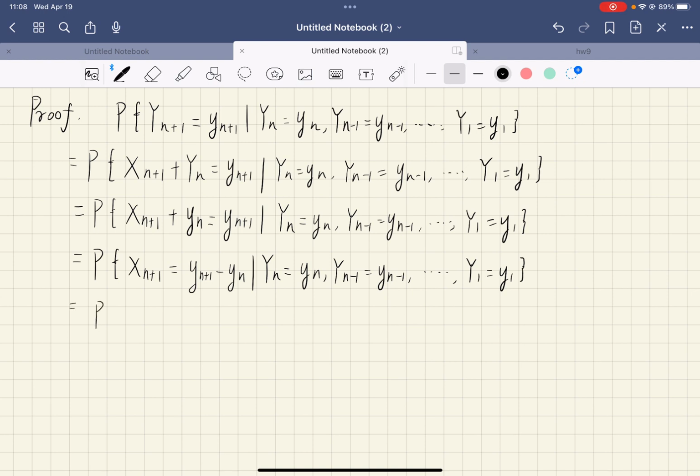This should be equal to the probability of capital X n plus 1 equals y n plus 1 minus y n based on capital Y n equals y n.